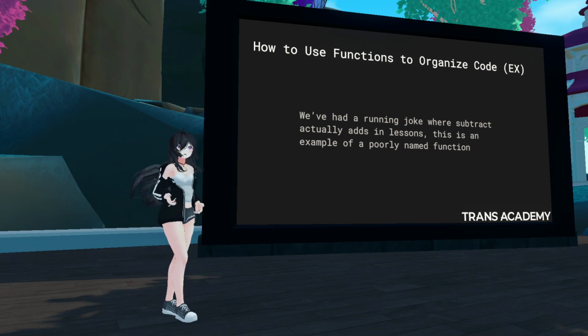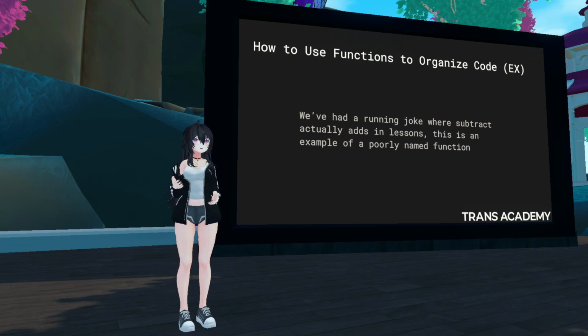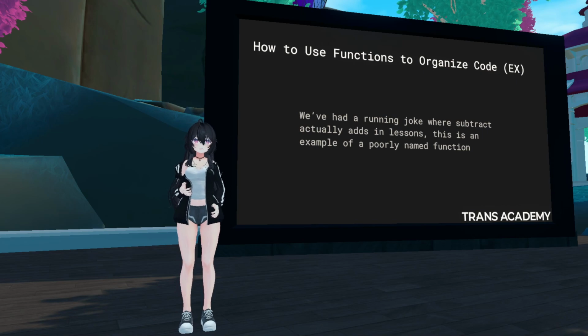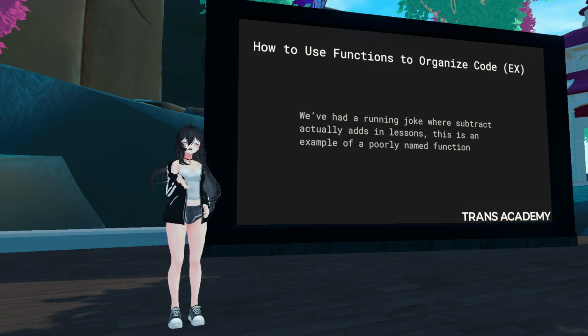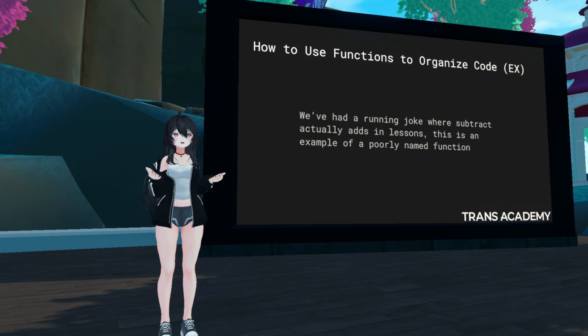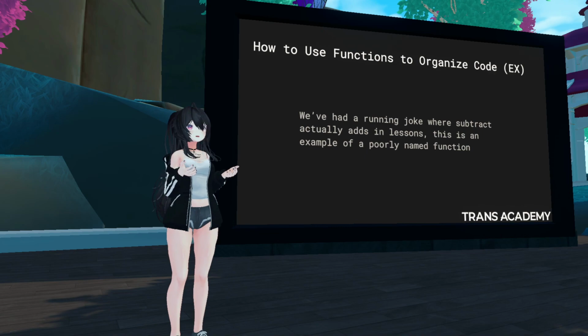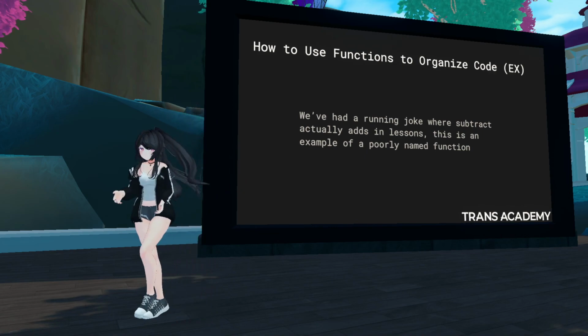So we have poorly named functions here as a joke, where subtract does something super cursed or add does something super cursed. Those are examples of bad names, because reading the name, you might not know immediately what's happening.